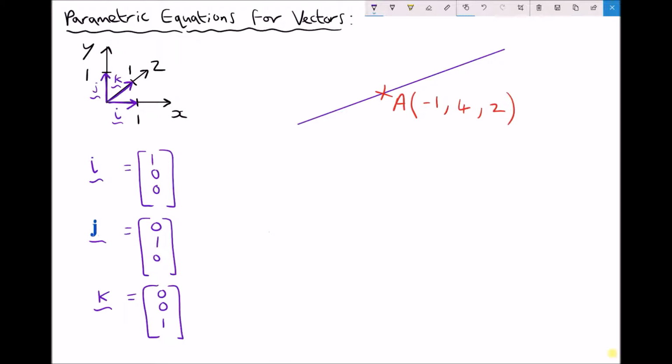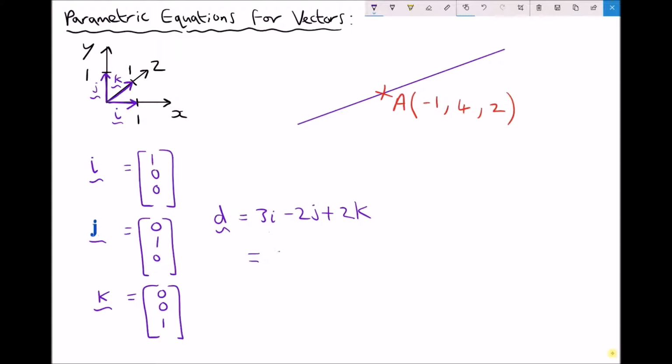Now the reason these are important is that we can use them as an alternative way of defining a direction vector. I'll give you a quick example. Let's say we had the direction vector d, and it was 3i minus 2j plus 2k. Well, we've seen how we multiply a vector by a scalar.